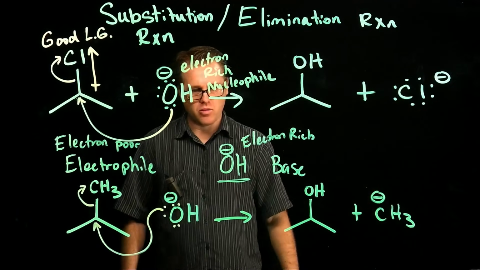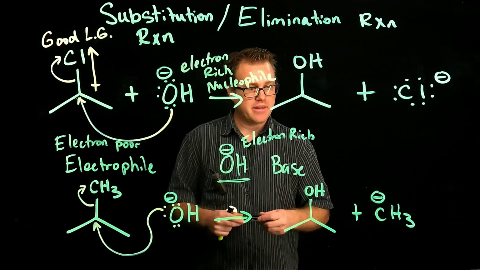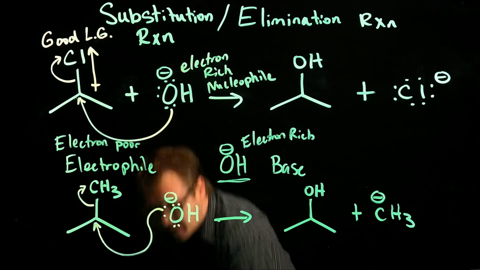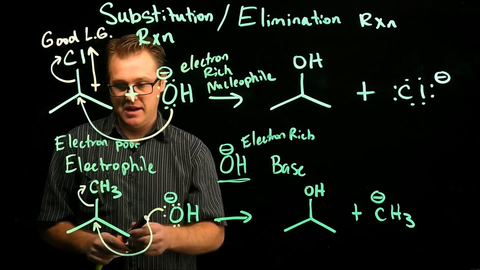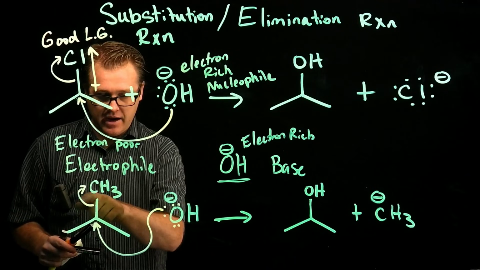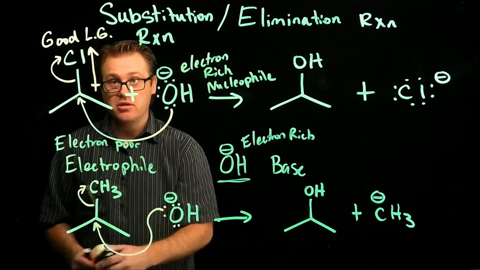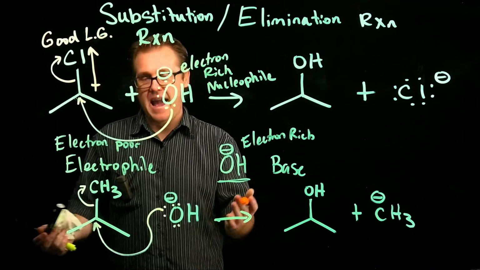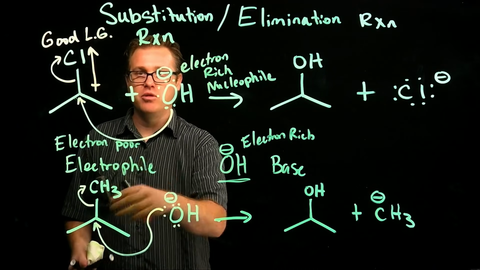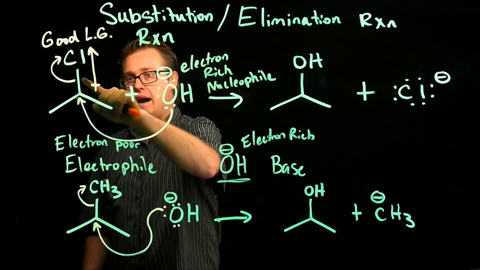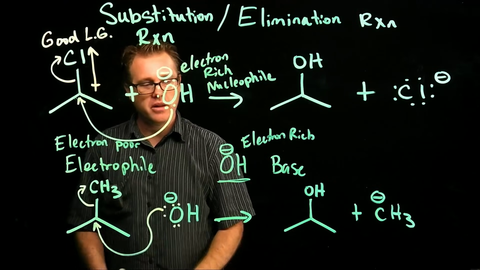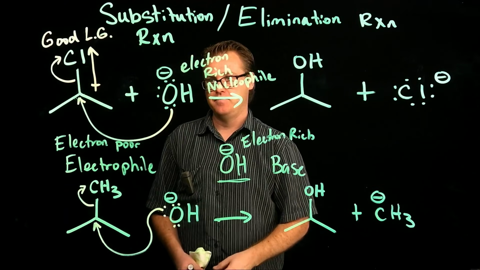Why does that not work? The reason why this does not work is because methyl groups are not good leaving groups. This mechanism arrow right here, or both these mechanism arrows, don't occur. It can't, because the methyl group will never leave. It's a horrible leaving group. But in contrast, halogens are really good leaving groups.